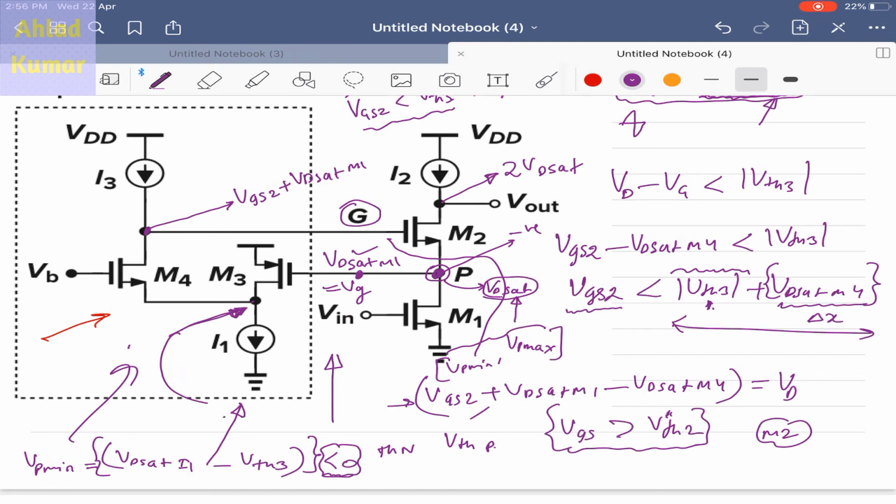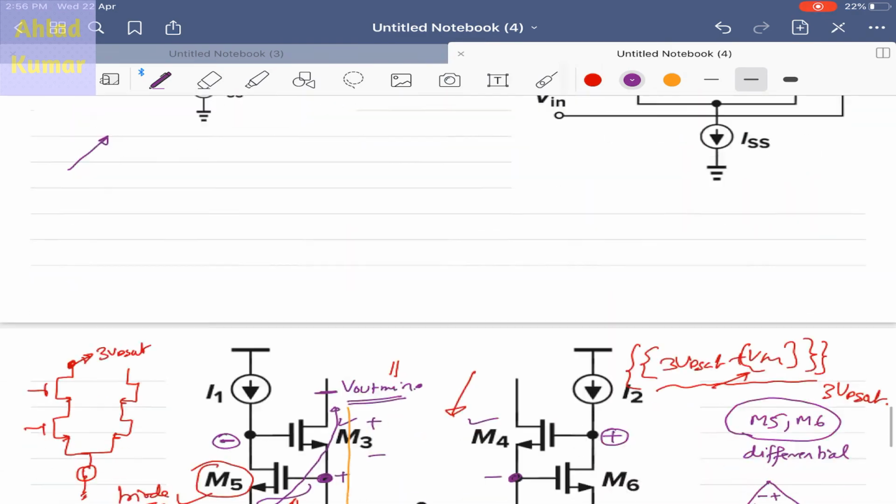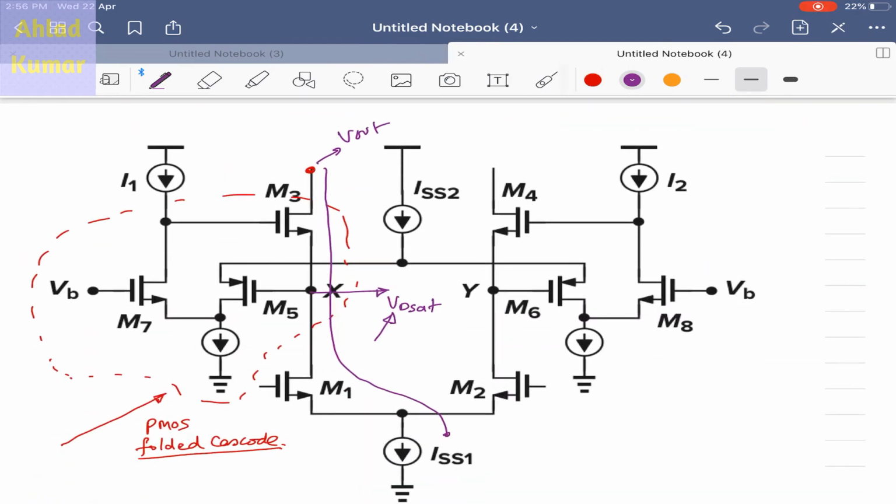So this point P can go below 0 also. That is very important. With the same constraint, this point X here is the same as the point P that we have discussed just now. So this point X can also go below 0 in terms of the small signal swing.